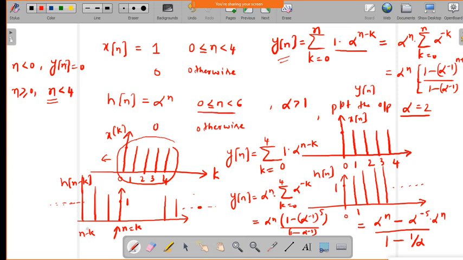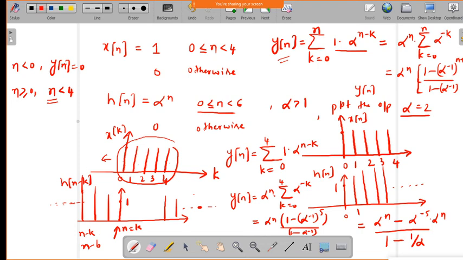Here when n minus 6, we slide this till the value of 4. If you go on sliding, from 4 to n minus 6 also samples will be there, so you need to multiply all these 4 samples till the value of n minus 6.